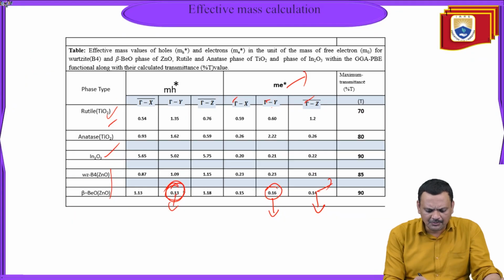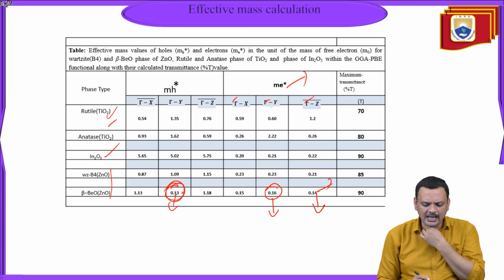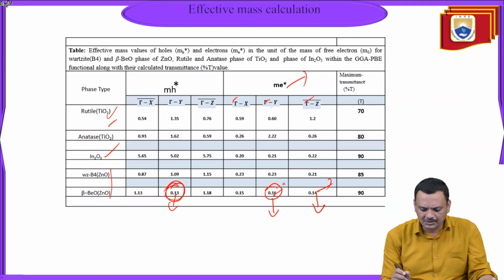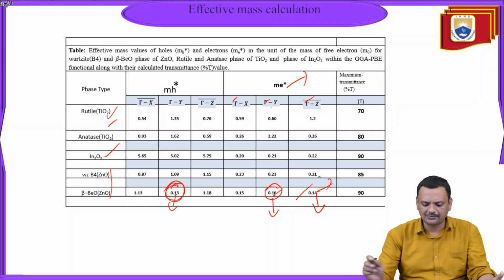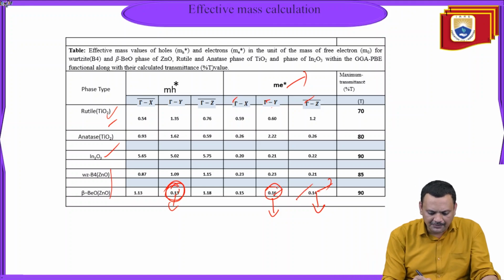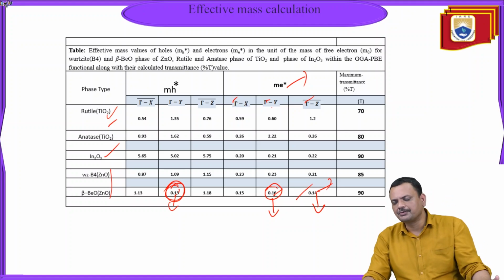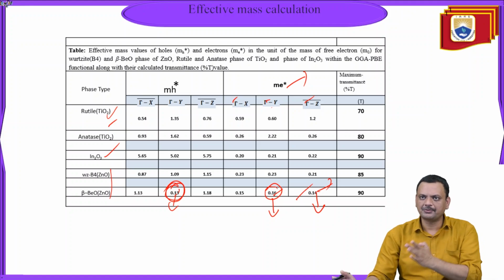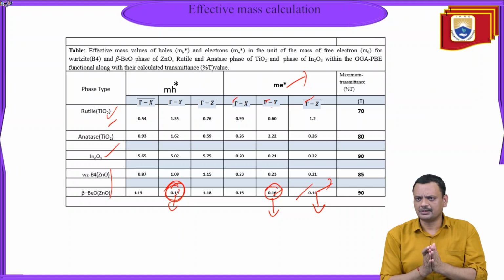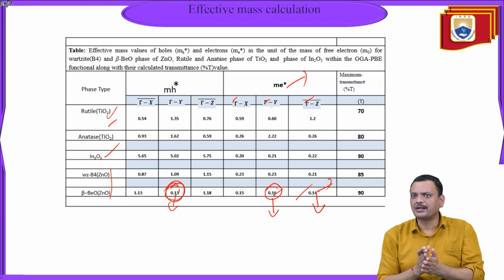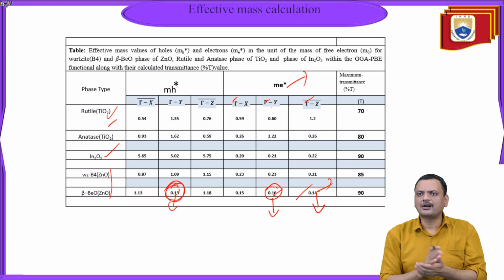See here, in Gamma to Y 0.13, and in Gamma to Z 0.16, 0.14 effective mass of electron, and in Gamma to Y the effective mass of hole is also very low compared to the effective mass of electron. Getting a lower effective mass value for both charge carriers is a very good signature for good optoelectronic behavior in any material.